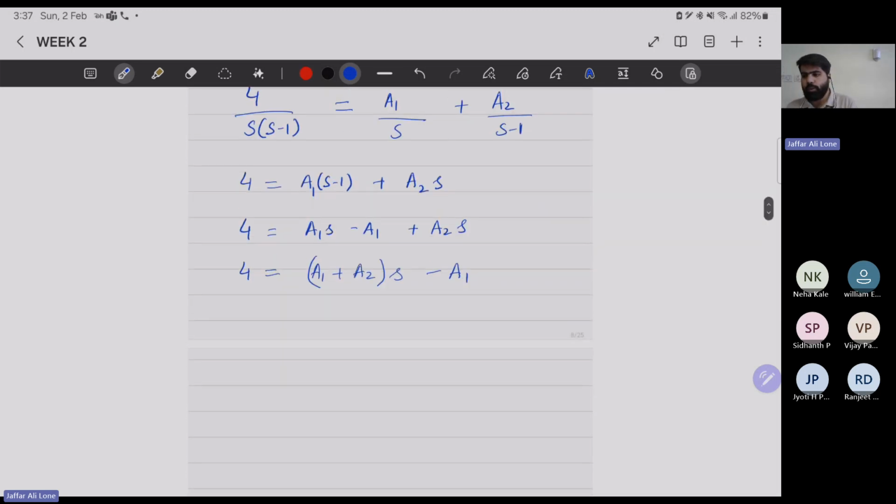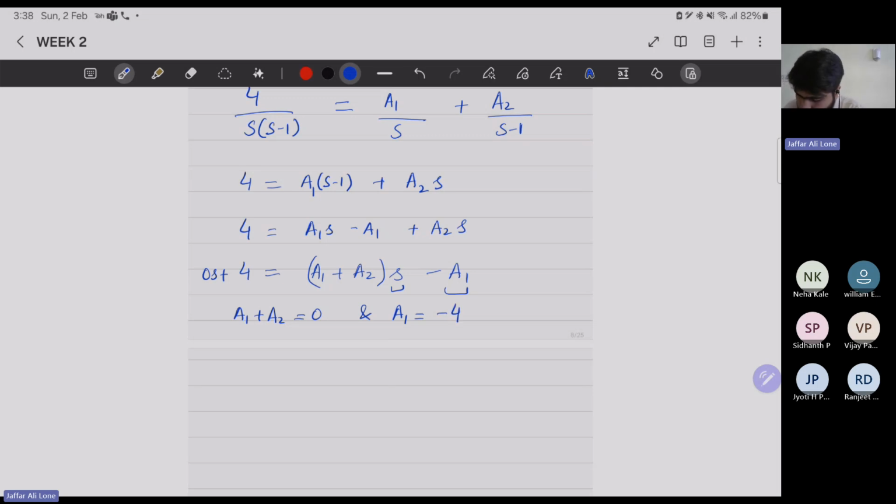Now what we have to do is compare. There are many methods; this is one of them. I'll explain in other questions how we can do the partial fraction method using other methods. Now this is the s term and this is the constant term. Here we can write 0s plus 4. If we compare the coefficients, we get A1 plus A2 equal to 0 and A1 equal to minus 4.